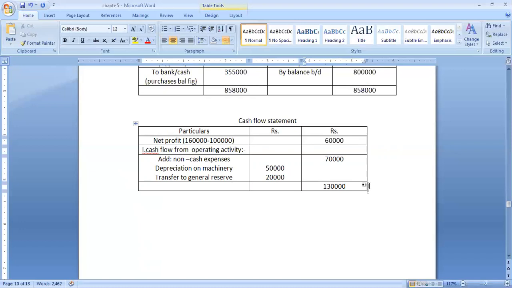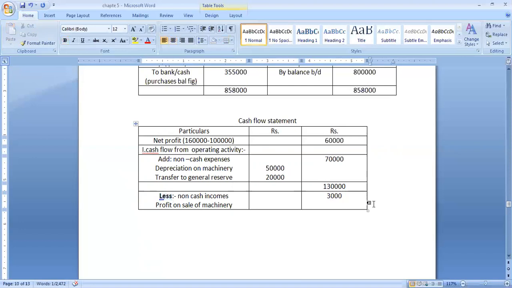So now in one more column, reduce the transactions which are relating to non-cash incomes. So which are the non-cash incomes here? You got profit on sale of machinery. So what is the profit on sale of machinery? It is 3,000. As there is only one transaction, directly write 3,000 in the outer column. So it should be reduced. Okay.